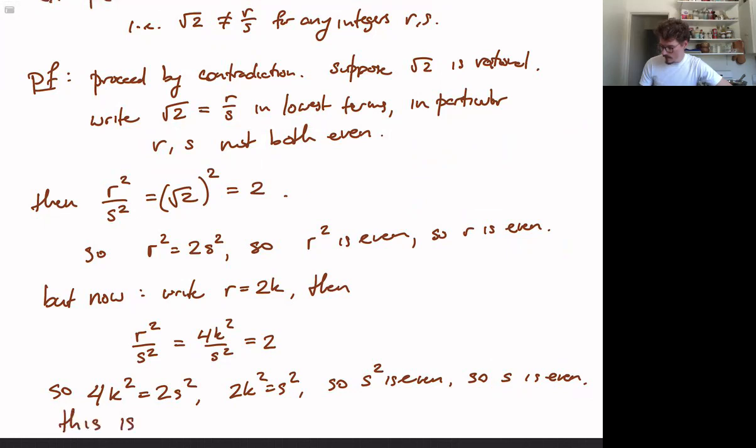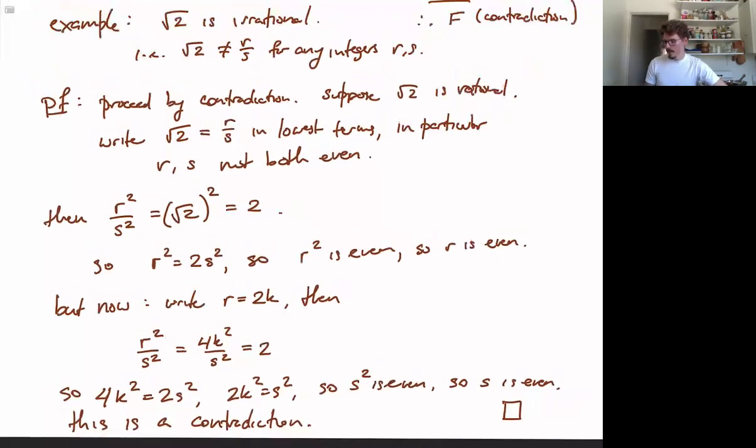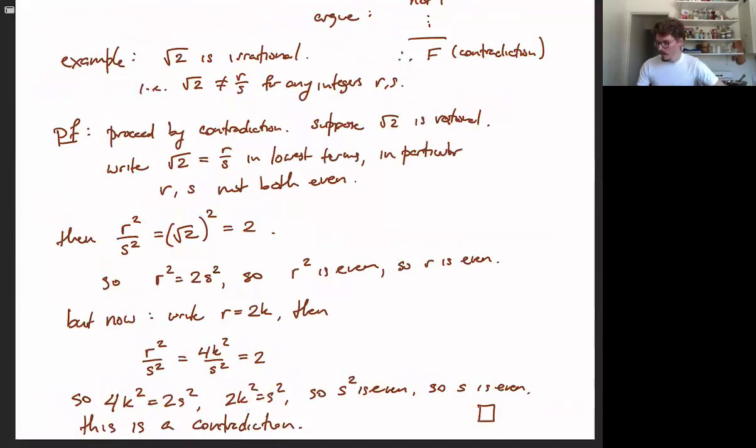This is a contradiction, and that completes the proof, because that was the whole idea. We start with the assumption that our conclusion was false, and as long as all of the rest of our steps were a valid mathematical argument, then arriving at our contradiction means that we have proven the thing that we wanted to prove.